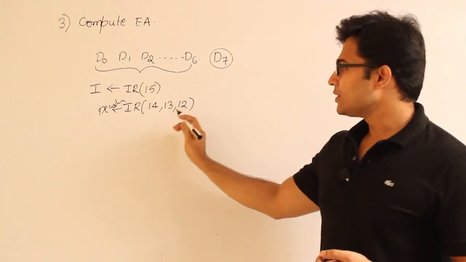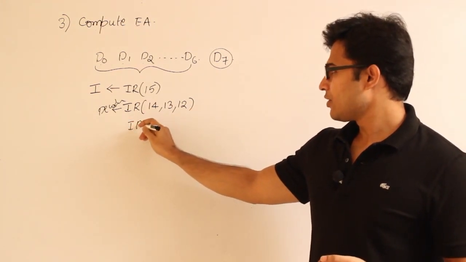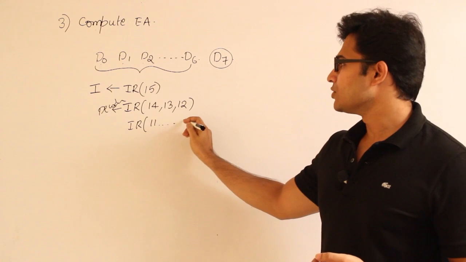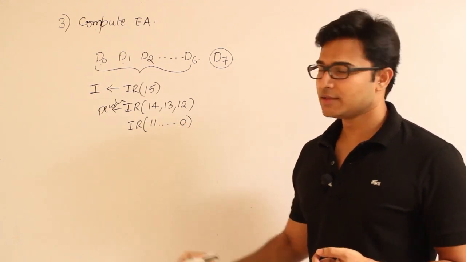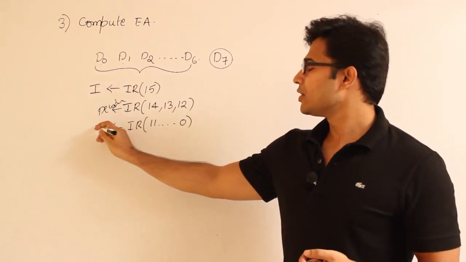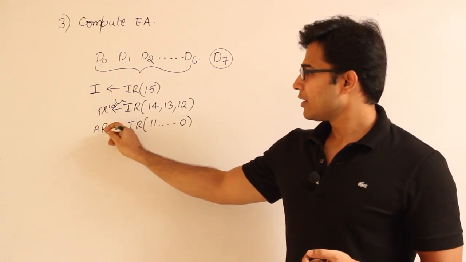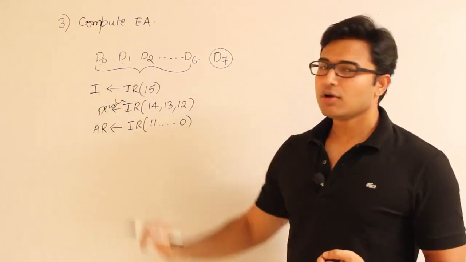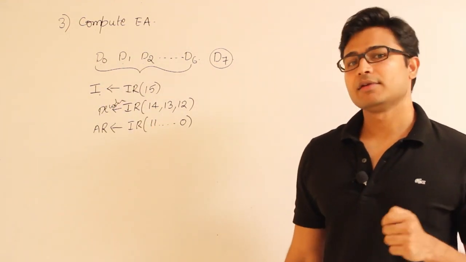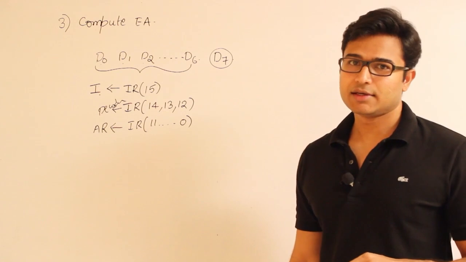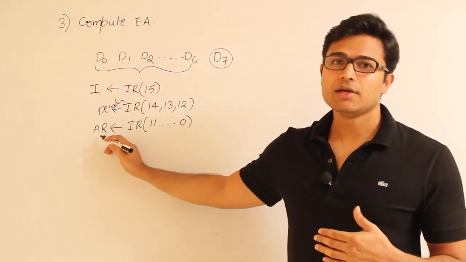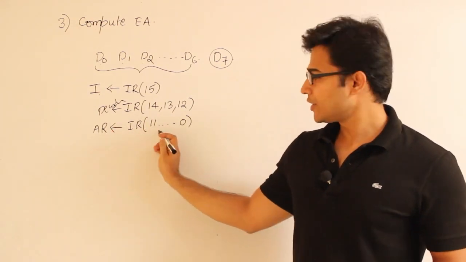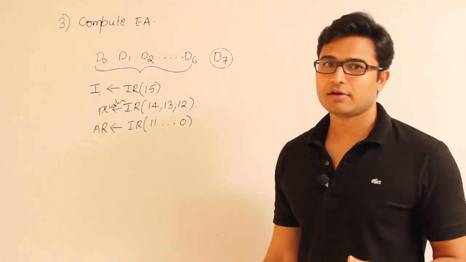And the remaining bits, which means in the IR all the bits from 11 to 0, the 12 least significant bits, have already been loaded in the address register. So in case I equals 0, it means direct address is given. In that case, effective address need not be computed, because the effective address is already present in the AR, right?